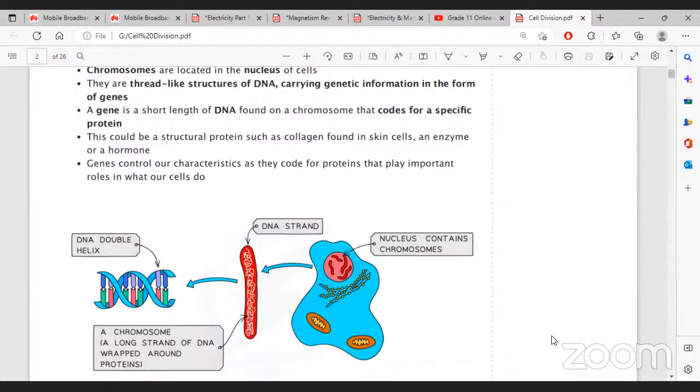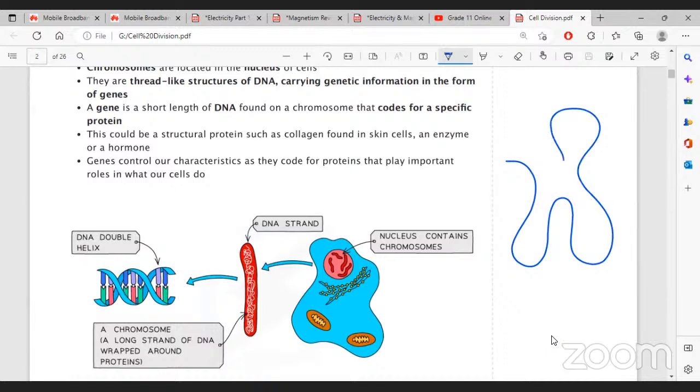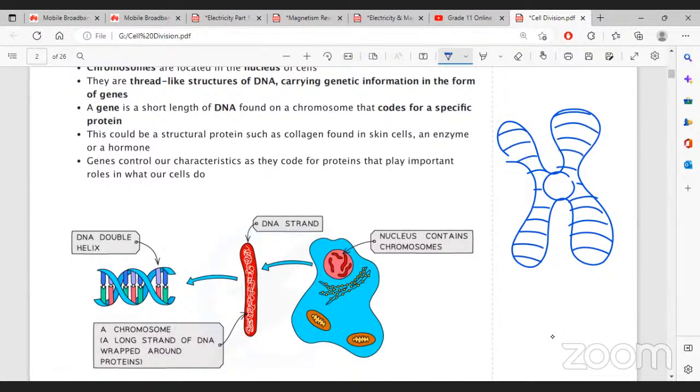So let's say I'm going to use a more illustrative figure here. Where's the pen? Yeah, okay. So I'm going to use a more typical one that we usually have. In the middle there you have a centromere. So a chromosome has got all those loci, and each locus has got specific genes or genetic information that they are coding for, right?